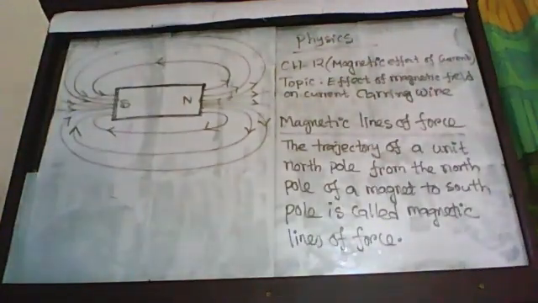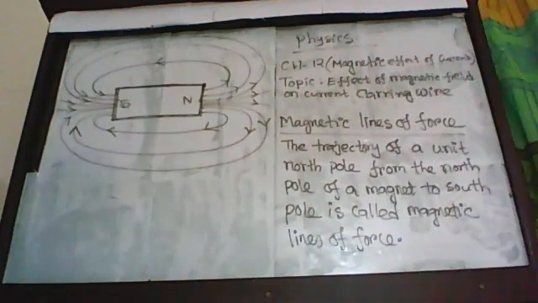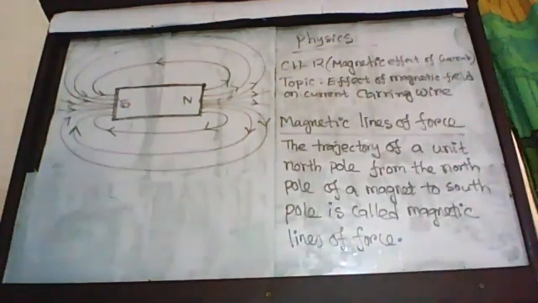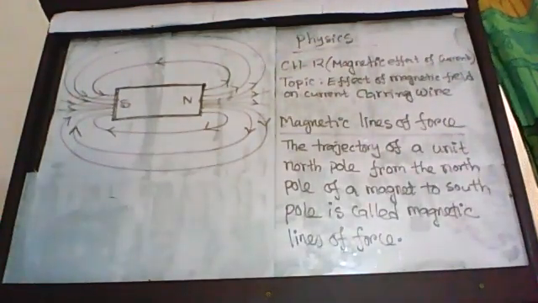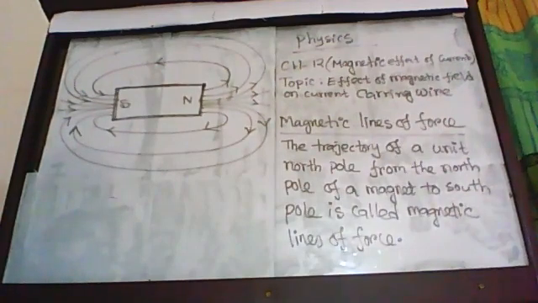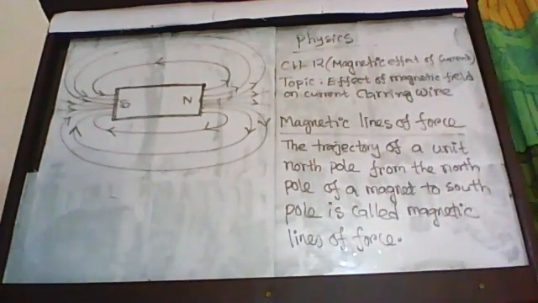So I can say that the trajectory of a unit north pole from the north pole of a magnet to the south pole is called magnetic lines of force.